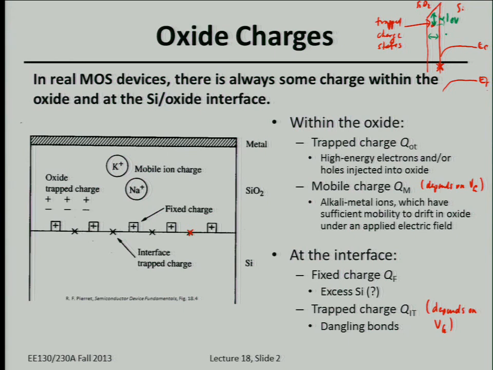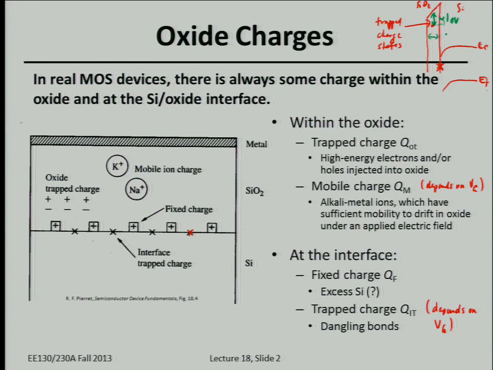But what happens is, let's say you have an inversion layer of electrons formed at the surface of p-type silicon. The electrons can actually tunnel quantum mechanically into the oxide and occupy one of these vacancy states. But they can easily tunnel out.